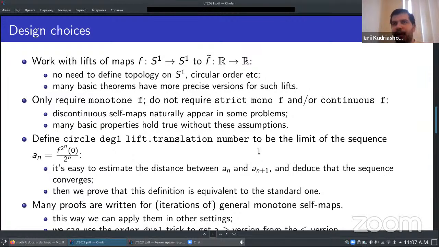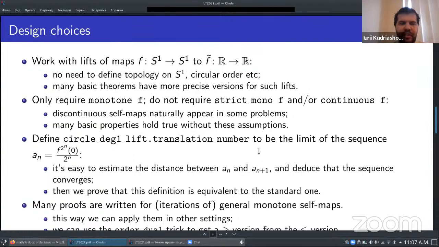What is good about this sequence is that it converges exponentially fast. When we compare a_n to a_{n+1}, if we denote this f to 2 to n by g, then we need to compare g with g squared, and it's an easy task.